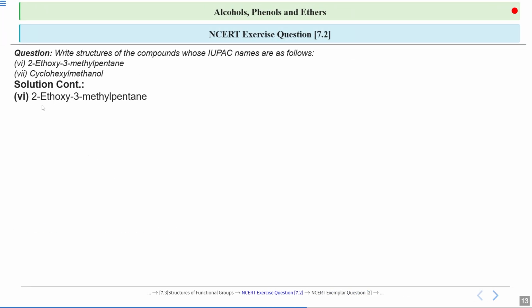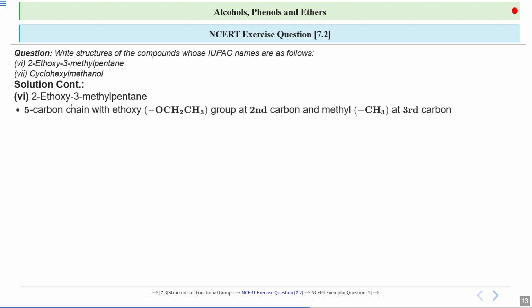For the sixth compound, 2-ethoxy-3-methylpentane, a 5-carbon chain with an ethoxy, OCH2CH3 group at the second carbon and methyl at the third carbon. So we have pentane, which means a 5-carbon chain, and at the second position we have the ethoxy group attached, that is OCH2CH3, and at the third carbon we have a methyl group attached.